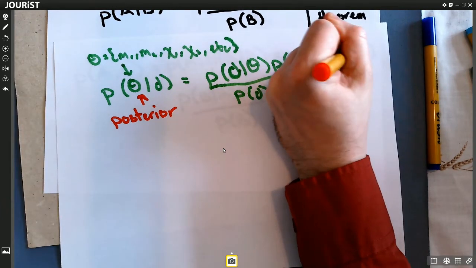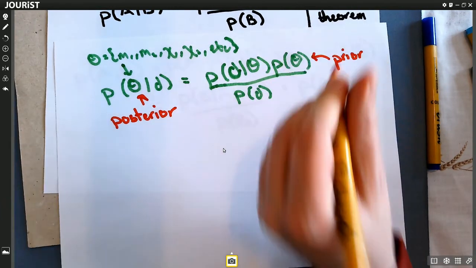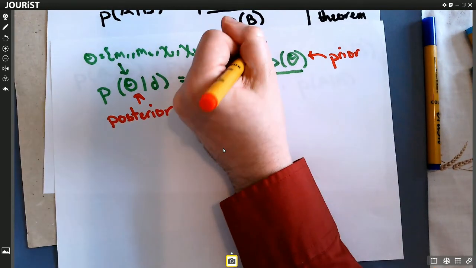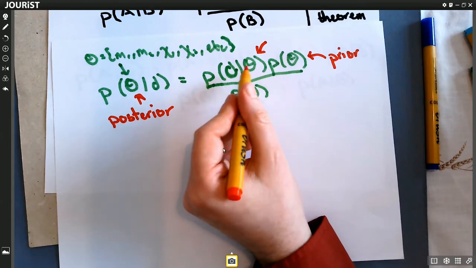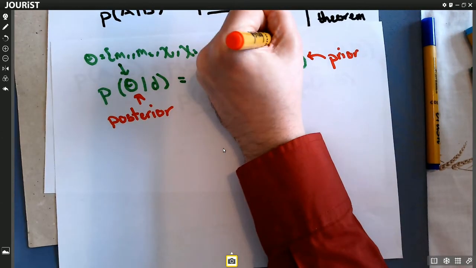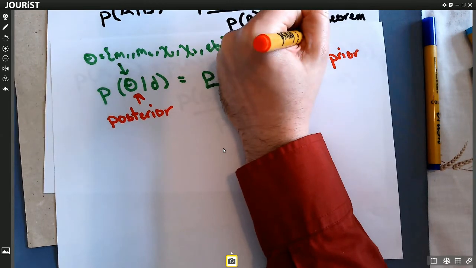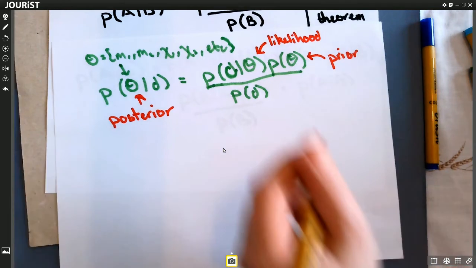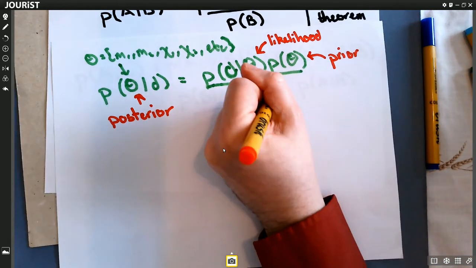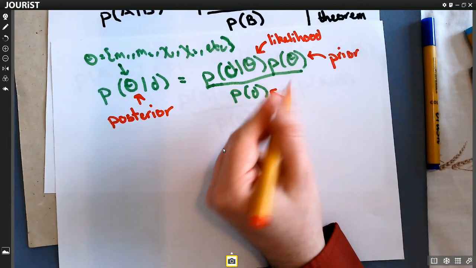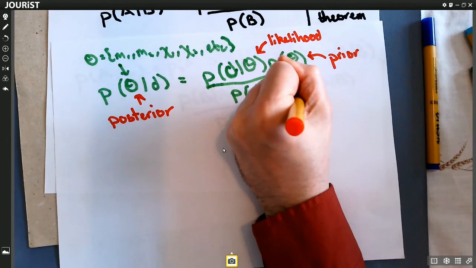That encodes our prior knowledge. Okay. This term here, the probability of getting the data given the source parameters, is called the likelihood. This is the thing where we often put most of our time and effort into calculating. And this thing on the bottom is sometimes called the marginalized likelihood, because we can calculate it by integrating up the likelihood, what's otherwise known as the evidence.